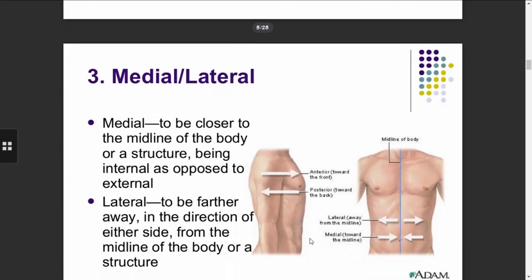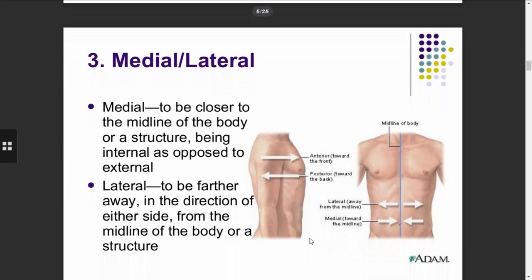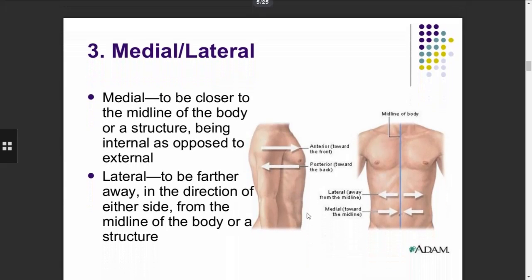Third one is the medial and lateral division. First, this is the midline of the body. If we go away from the midline, we call it lateral, and if we go toward the midline, it is called medial.